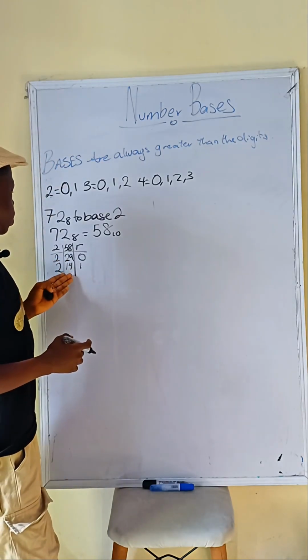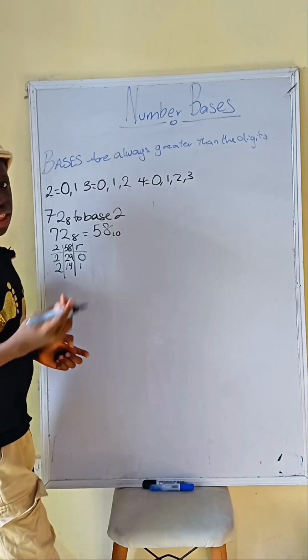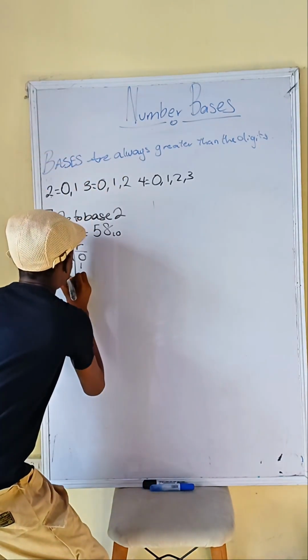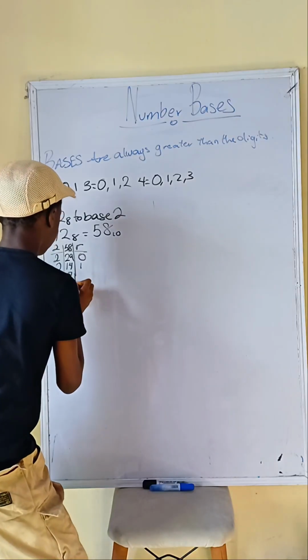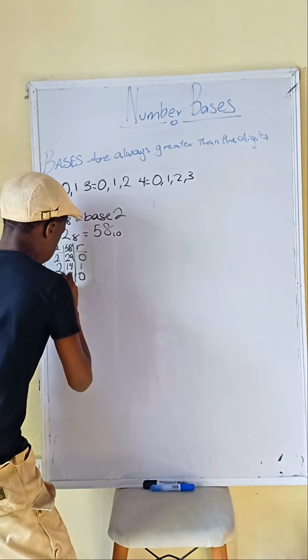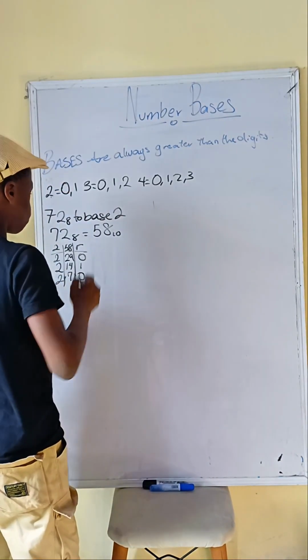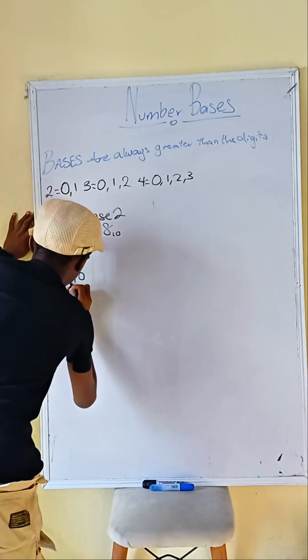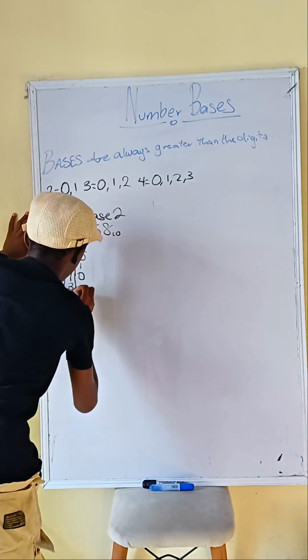So 14 divided by 2, that is 7. Remainder 0. So 7 divided by 2 is 3. Remainder 1.